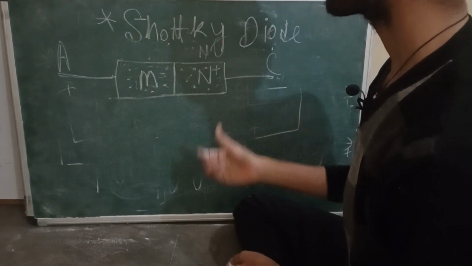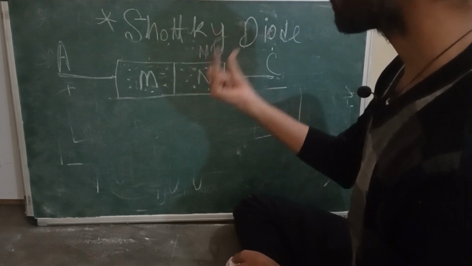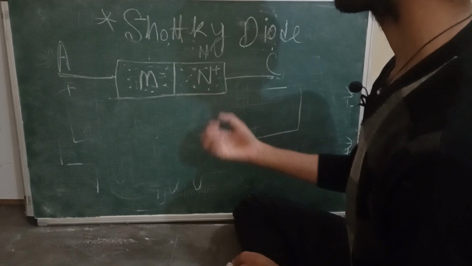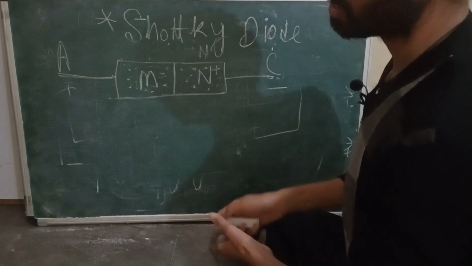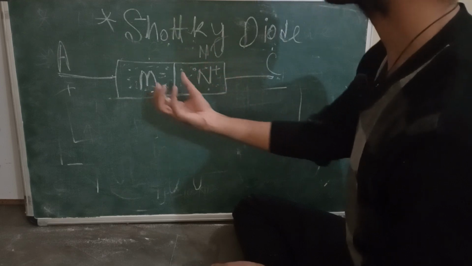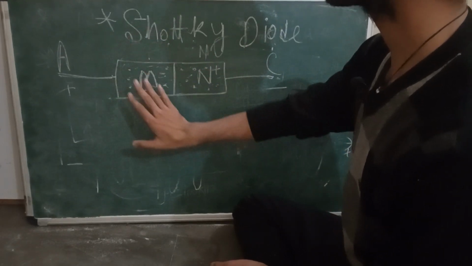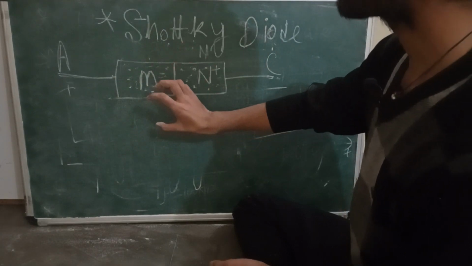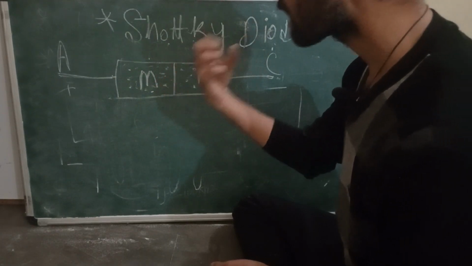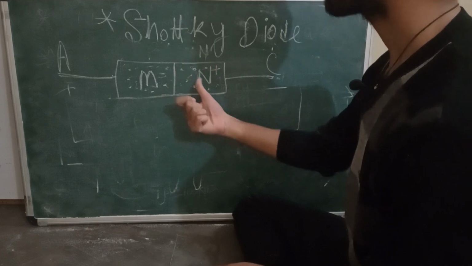Why is it so? It is because in highly doped N-type semiconductor, the electrons have higher energy. They are feeling more energetic because the density of electrons is very large in the case of metal. So that's why the electrons inside the metal have less energy. They are less energetic compared to the electrons in N-type semiconductor.